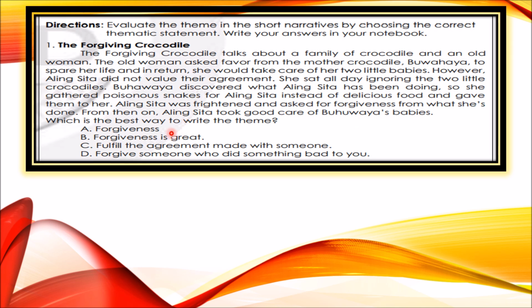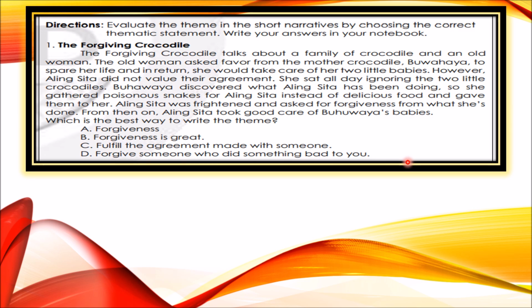Which is the best way to write the theme? Letter A, forgiveness. B, forgiveness is great. C, fulfill the agreement made with someone. D, forgive someone who did something bad to you. Okay, so what will be the correct answer here?